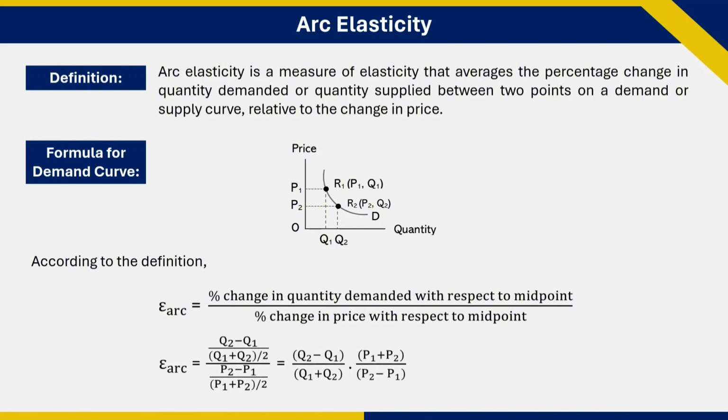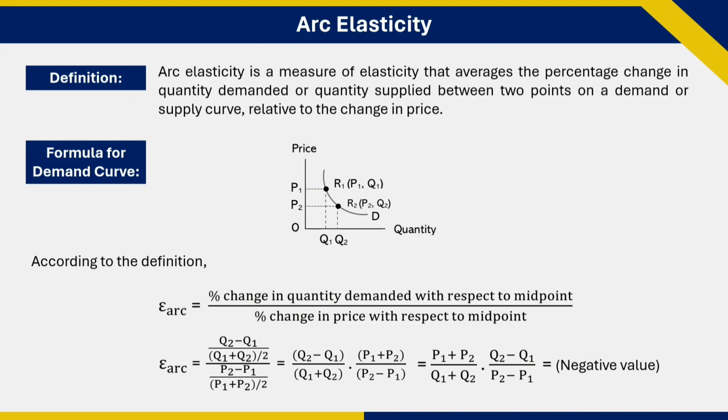Therefore, the coefficient of arc elasticity of demand is the percentage change in quantity demanded with respect to the midpoint divided by the percentage change in price with respect to the midpoint, or (Q2 minus Q1) over (Q1 plus Q2) by 2, divided by (P2 minus P1) over (P1 plus P2) by 2.